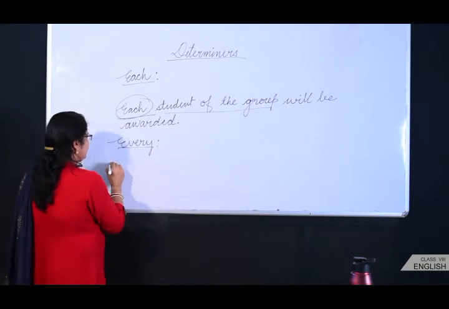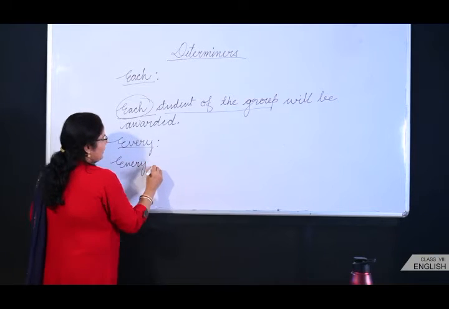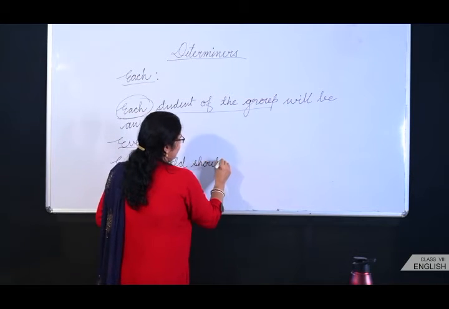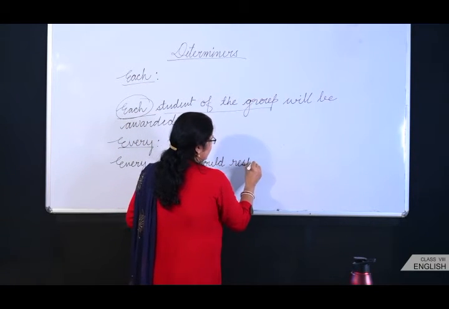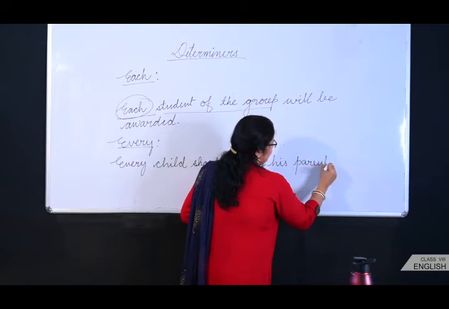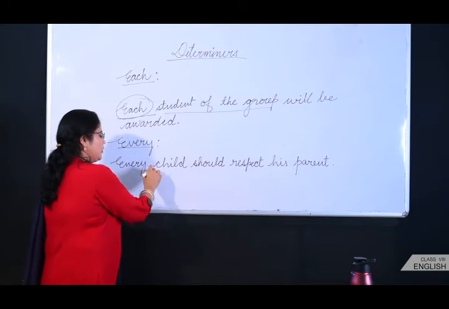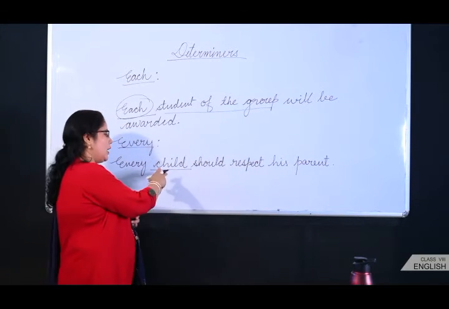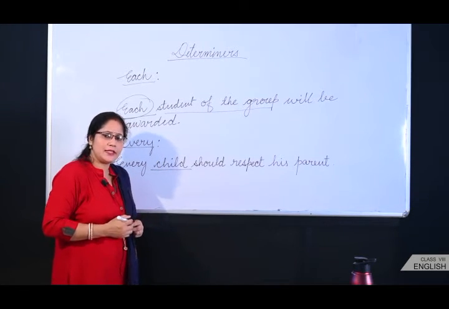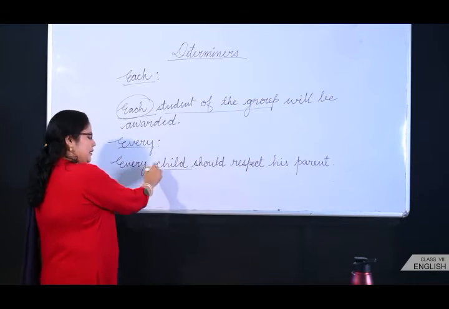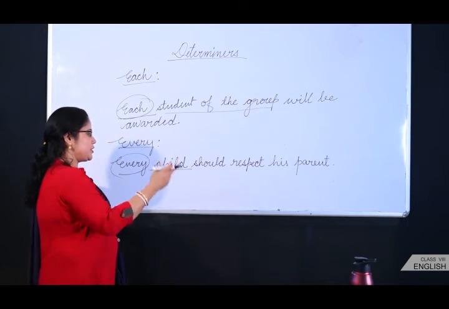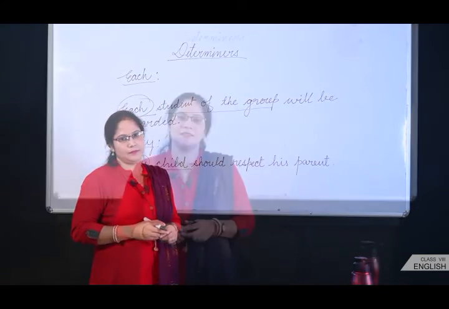Like, every child should respect his parent. Here we are not sure about how many children the speaker is talking about. So the number is indefinite, so we have to use every here. So every child should respect his parent.